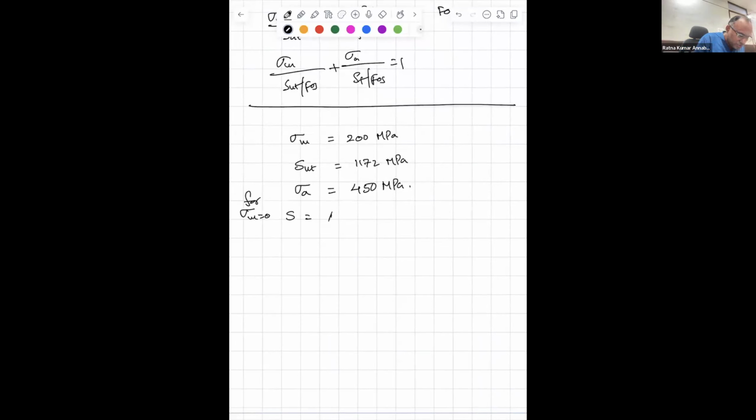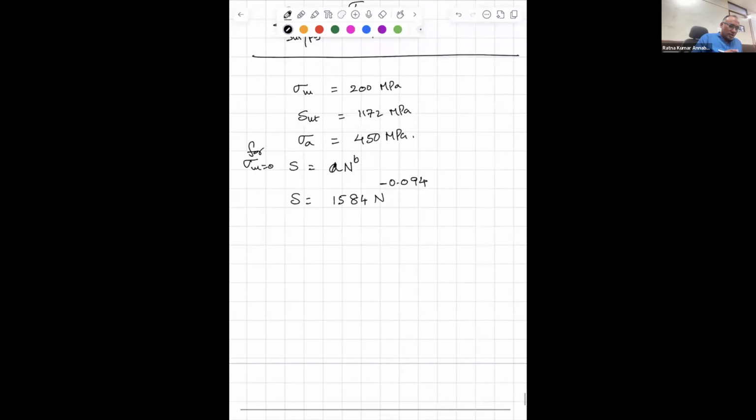S is equal to A n to the power B, that is S is equal to 1584 times n to the power minus 0.094.